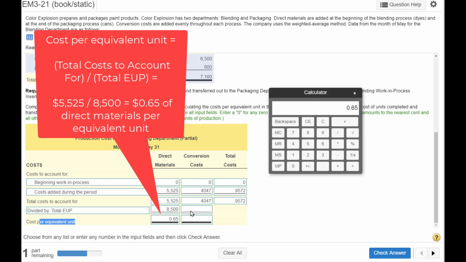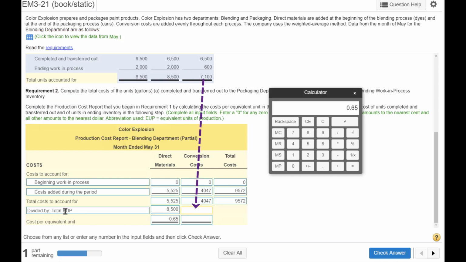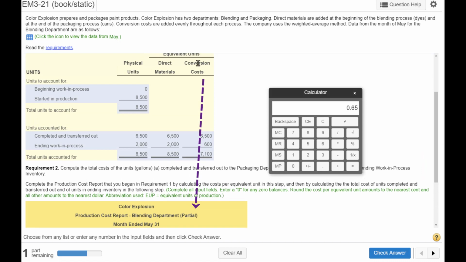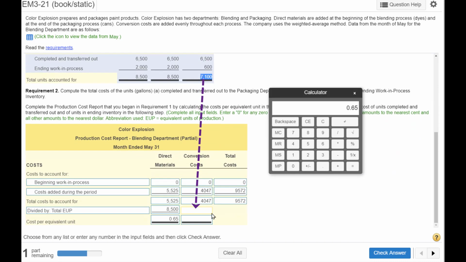Now, conversion costs. We need to figure out the total EUP. For the conversion costs, remember they are up here in this column over here. So I'm going to take this 7,100, copy and paste that down to here.